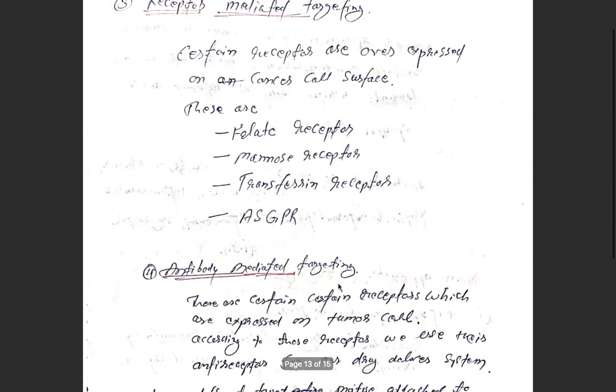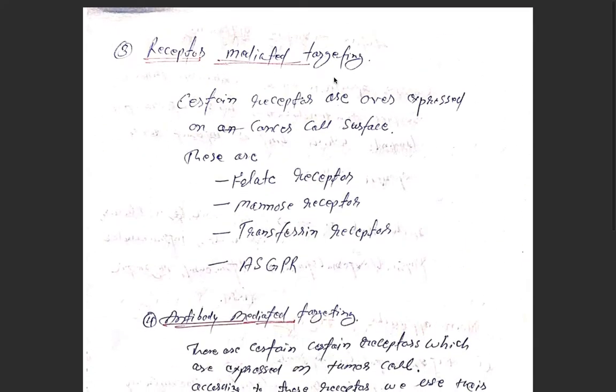And the third one is receptor mediated targeting. In receptor mediated targeting, certain receptors are overexpressed on the cancer cell surface. So these receptors are used. These receptors are folate receptor, mannose receptor, transferrin receptor, and ASGPR receptor.